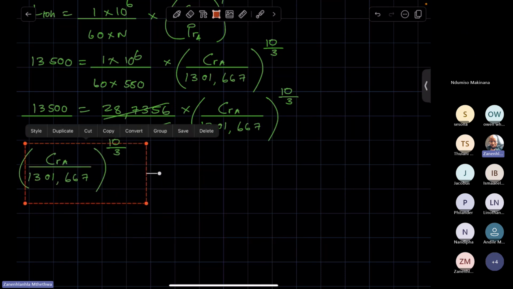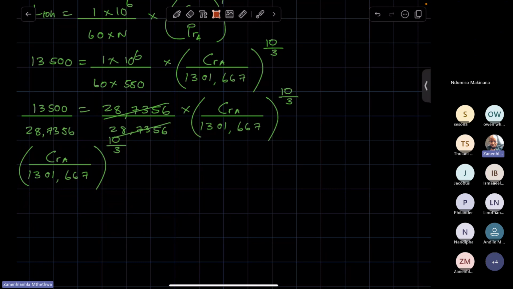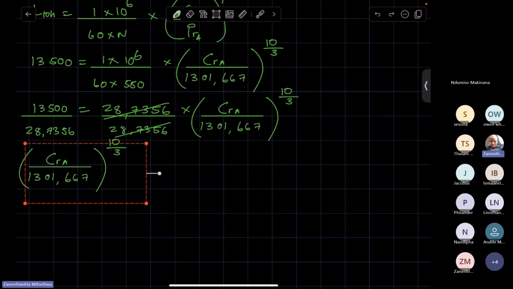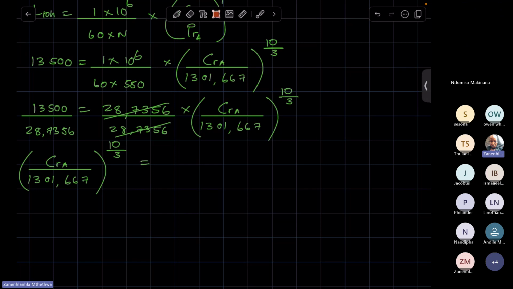So this I'm going to put on the right hand side now, is equal to this here.